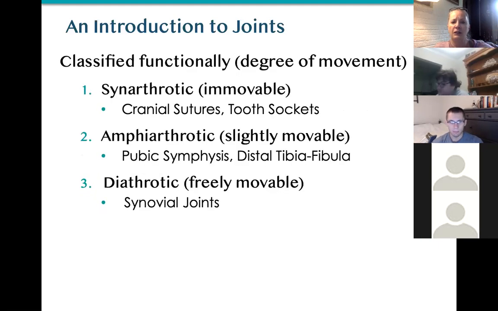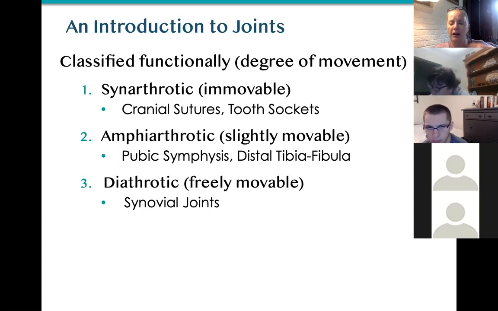Okay, if we also want to classify them functionally, you're classifying it by how much movement the joint allows, all right? So you're going to have the completely immovable joints, which are the sutures in the skull, okay? And these are called synarthrotic.